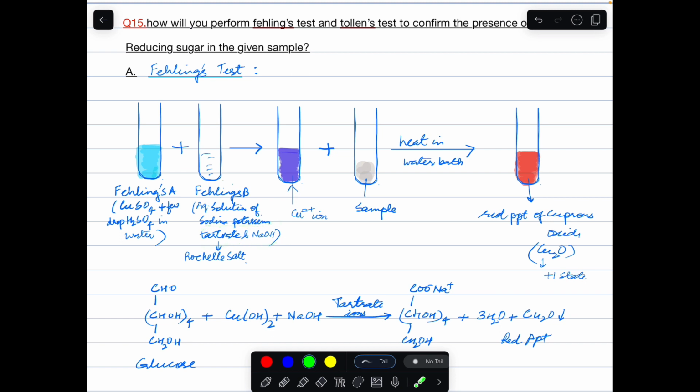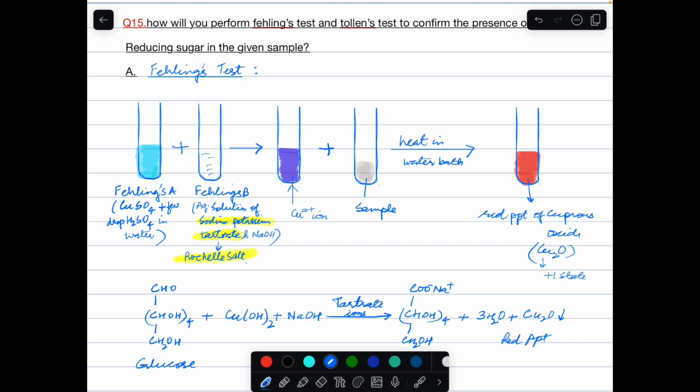Now this sodium potassium tartrate is called Rochelle salt. So you should know what Rochelle salt is. Your Fehling's B solution is basically a solution of Rochelle salt and sodium hydroxide.